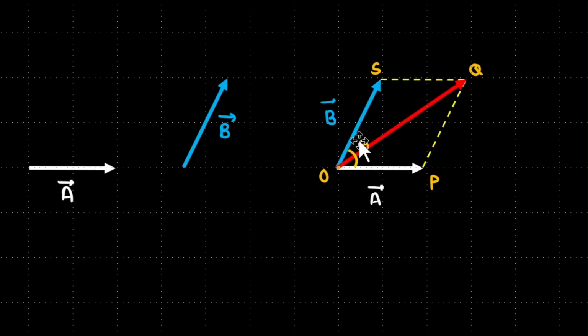Now let's go back, which means this red vector is our resultant, which we call vector R, and it is equal to the sum of vector A and vector B. Before we continue, let's try to understand why the diagonal is actually the resultant. To understand this concept more, I'll do this in another slide.